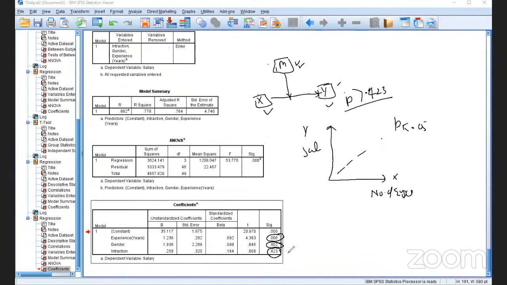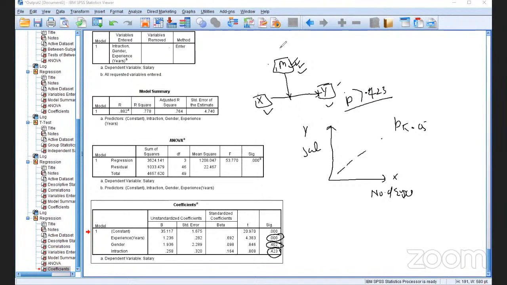So there may be two situations: one, there is an impact of the moderator, and another, there is no impact of the moderator. This is a case of no impact of the moderator. In the next case study, I will take a significant impact of the moderator variable or interaction term.